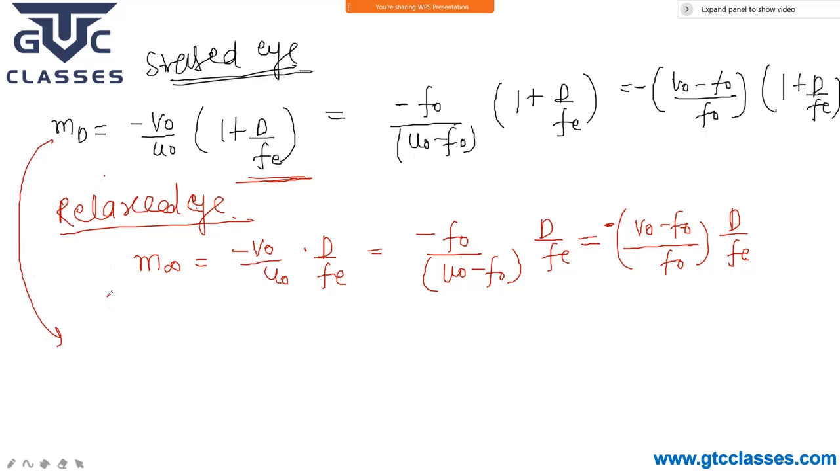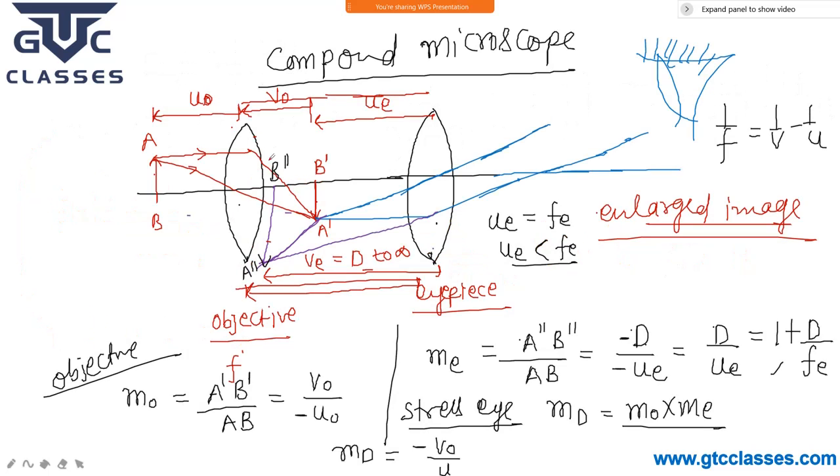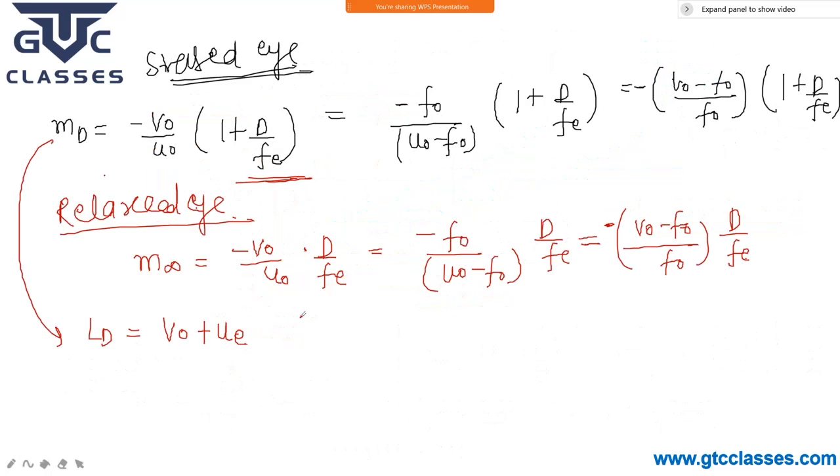If it is for the stressed eye, total will be how much? LD. We write V0 plus UE. That's what is there now. So how much will we get? V0 we can write as U0 F0 divided by U0 minus F0, plus UE we know is FE D divided by FE plus D. Correct?